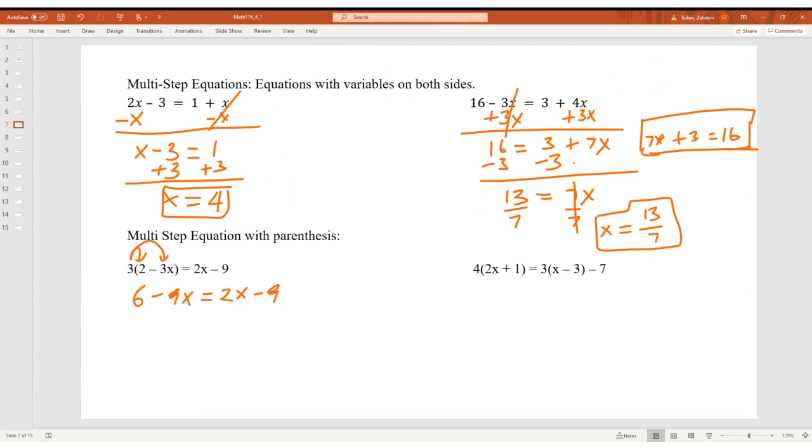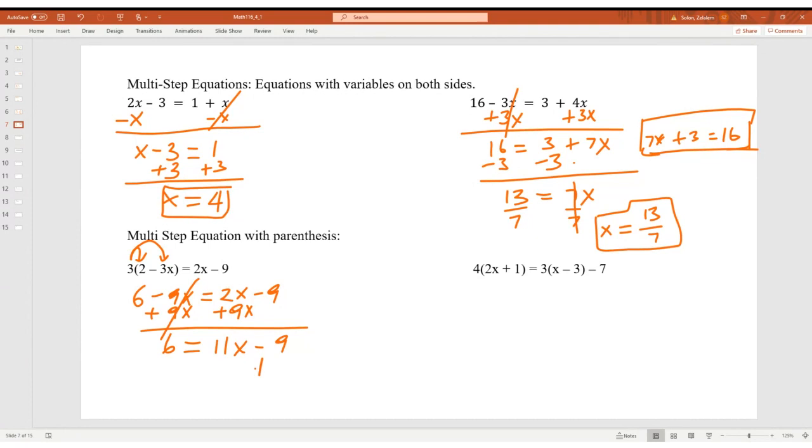So I will move the 9x to the right. So I will add 9x so that you will get a positive coefficient for x. So 9x will be cancelled out. So 6 equals 11x minus 9. So two-step equation, 11x minus 9 equals 6. So I have to undo subtraction.